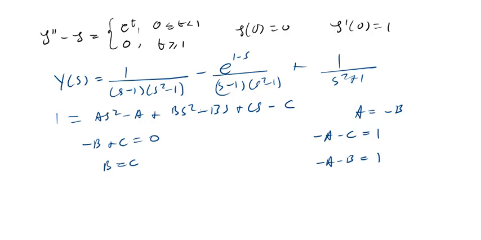Then what is your a there? We said a is negative b, is it? Isn't this going to give us a 0?